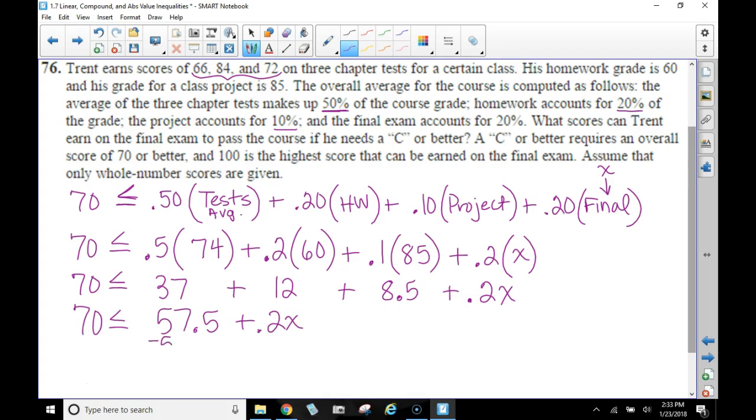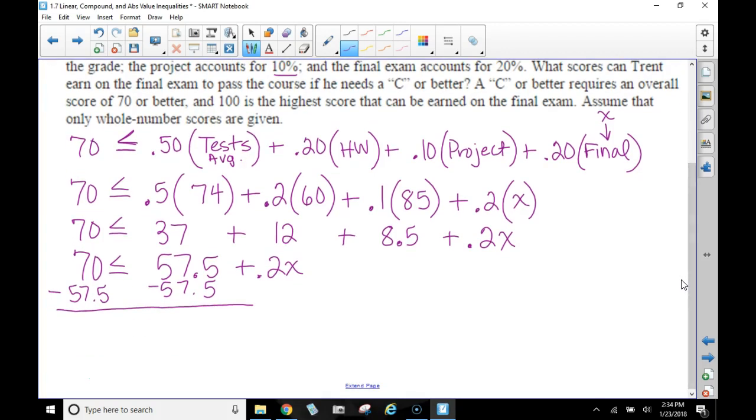Here I'm going to subtract 57.5 from both sides of my inequality. I've got to scroll a little bit here. 70 minus 57.5 is 12.5. Okay, remaining on this right-hand side is 0.2x.